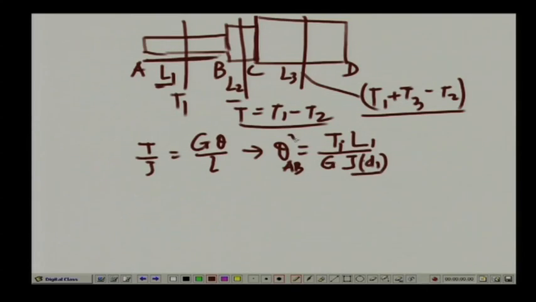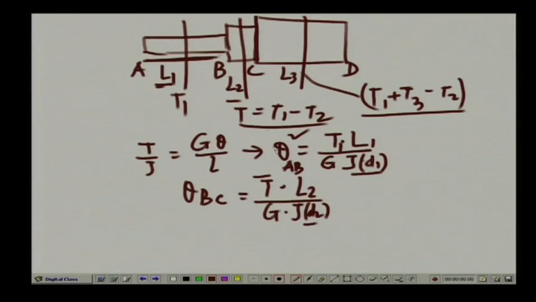So we will get the value of theta AB. Then we compute theta BC, considering the resulting twisting moment times the length L2, by G and J considering the diameter D2 over BC. We evaluate theta CD from the resulting twisting moment, which is T double bar equal to T1 plus T3 minus T2, times L3, by G and J over D3.